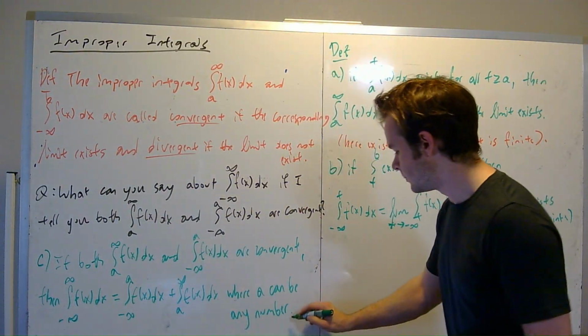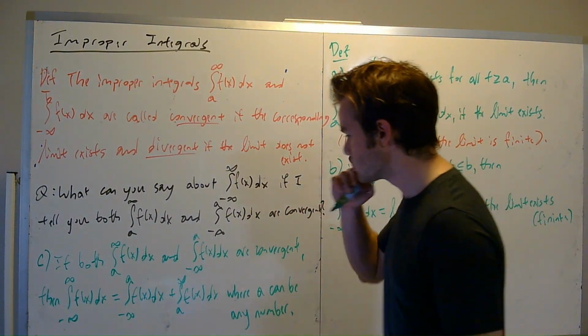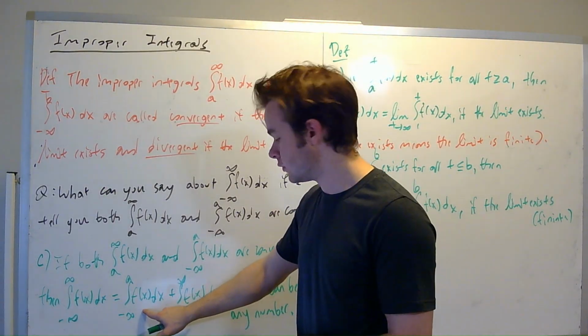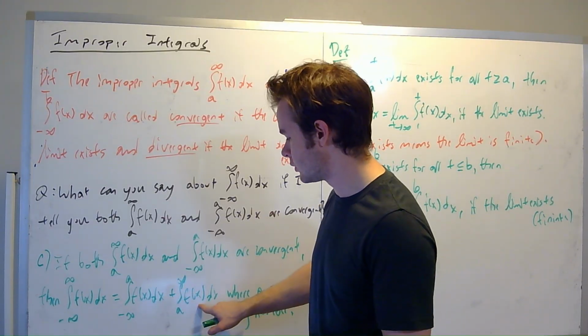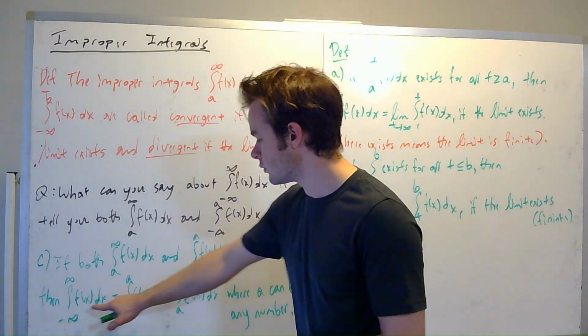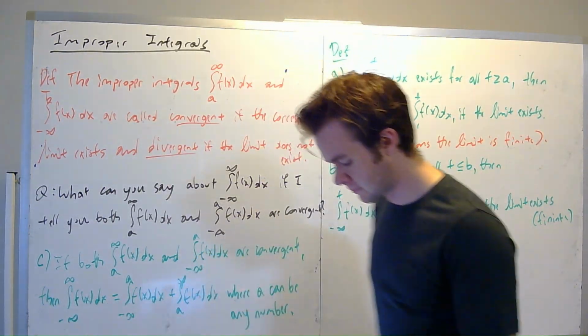Right, so if we know that this is convergent and we know that this is convergent, and these two are both just some numbers, we can add the numbers to get what this should be.